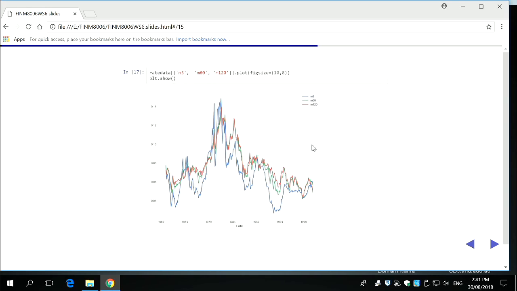If you look at this yield plot, what can you see here? So for example, in the late 1970 and early 1980, you have this blue line, which is the 3 months yield, much higher than this red-brown line.